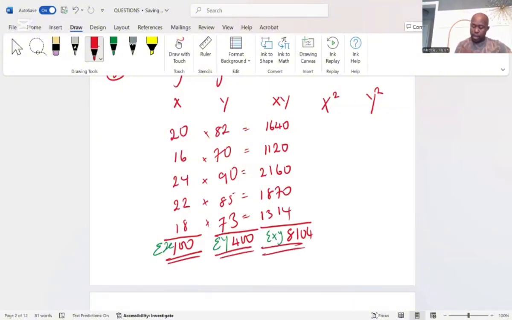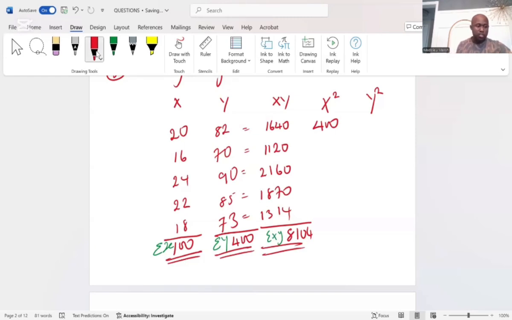And I need x square. X square is 20 square. Okay, 20 square is 400. I'm using my x values now for x square. When I need y square, I will need all my y values. So for now, I don't need this multiplication. Just for teaching purpose, you don't need it. Okay.